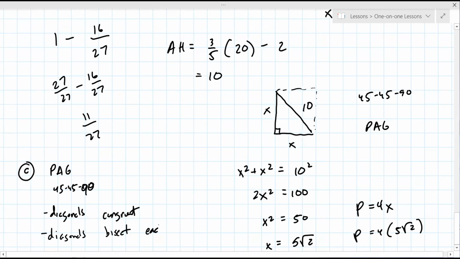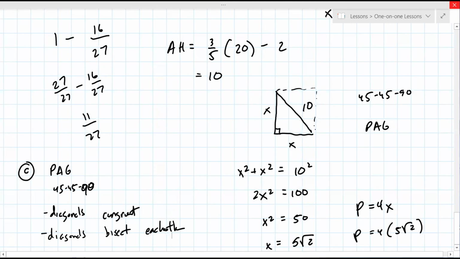They're going to come right from that list that I'll send you, and you just write them down. Let's see what the list says. Right angles, diagonals are congruent.